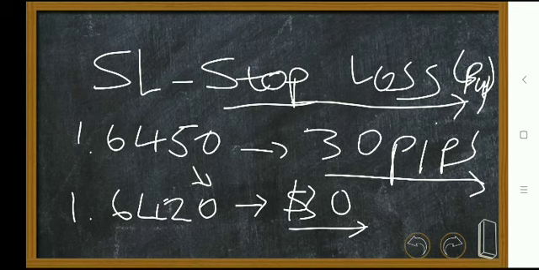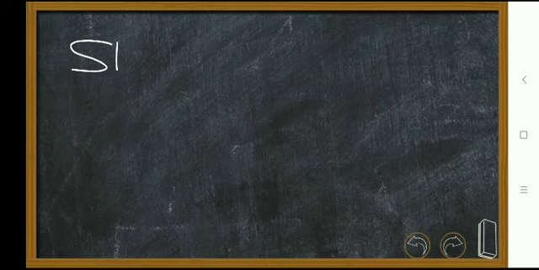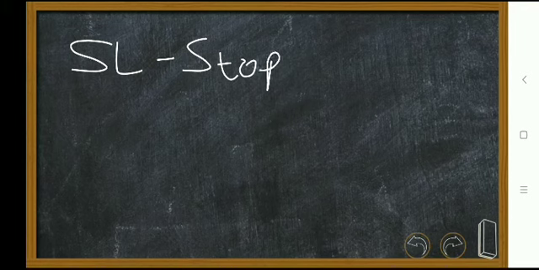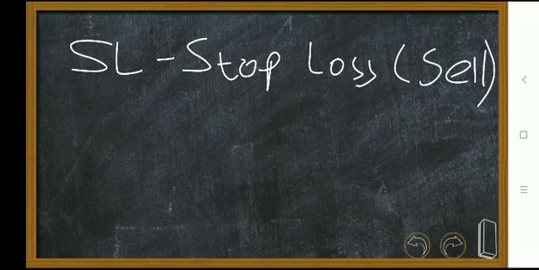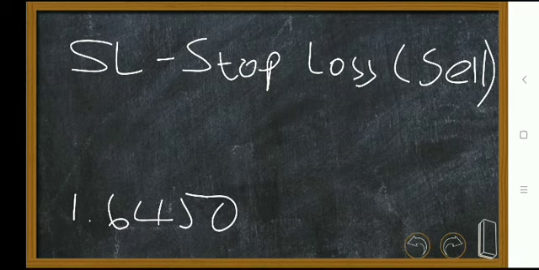Then for a sell, remember, if you sell, price goes up, you start making a loss. So let's say the entry is 1.6450. Let's say you set a stop loss of 30 pips. You will add 30 pips to this price.